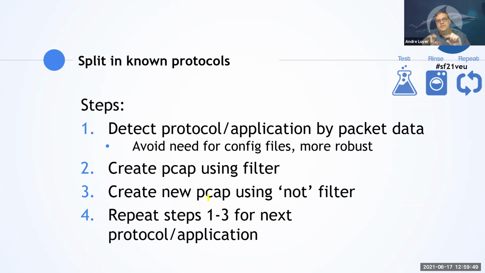So you can go from more specific to less specific filters to split them up into known protocols. And you create a new file using the not filter, the exclude filter, and then you can go through the whole file again and again. It gets smaller and smaller, and what's left in the end are the ones you don't recognize.